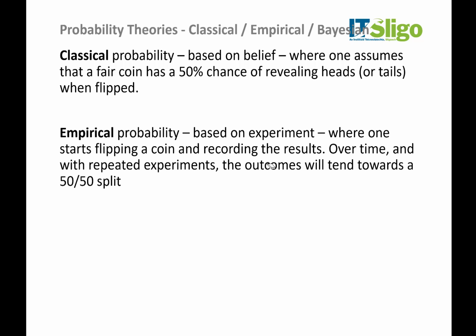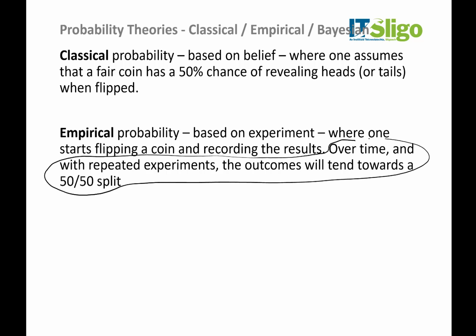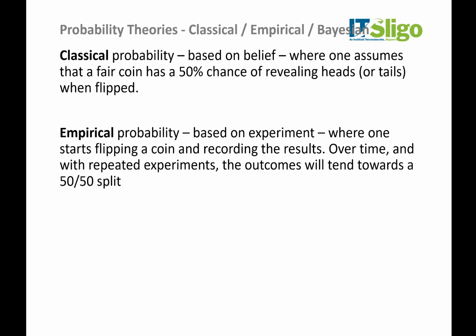There's empirical probability, which is based on an experiment. You could start flipping a coin and recording the results. And then over time, with repeated experiments, the law of large numbers says the empirical probability should tend towards the classical or theoretical probability. This is sometimes called the theoretical probability as well.